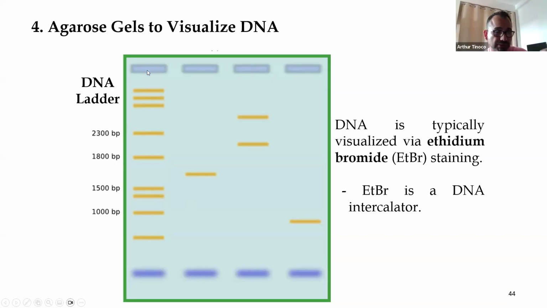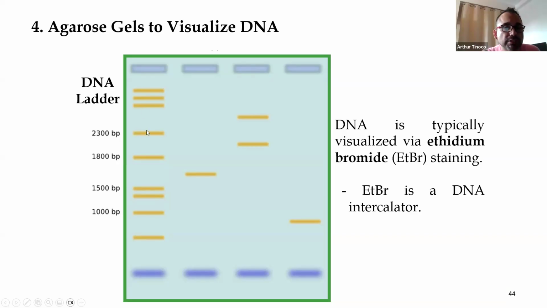You have different ones of different sizes, or in this perspective, different base pair amounts. The movement is such that the smaller DNA moves furthest, and the larger one moves slower. So essentially, you're forming this base pair ladder.